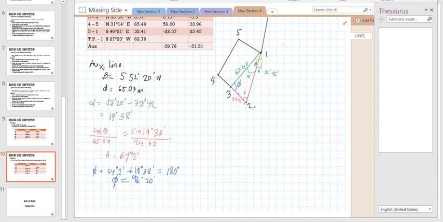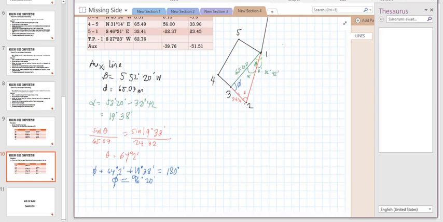So using sine law, for the distance 1 to 2, sine of this angle, kindly review the sine and cosine law, 96 degrees, this is P, sorry, 96 degrees 20 minutes.